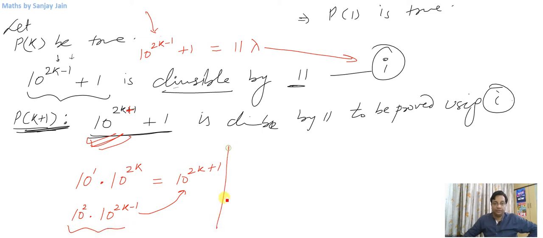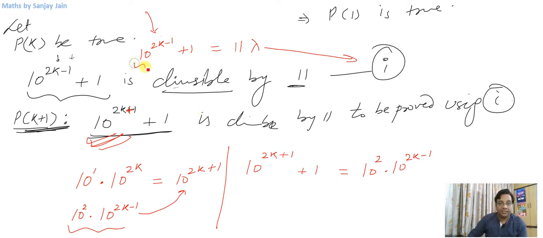So let me do that. 10 raised to power 2k plus 1 can be written as 10 raised to power 2 into 10 raised to power 2k minus 1. Now what I can do is I can replace this 10 raised to power 2k minus 1 with 11 lambda minus 1. So it will be 10 squared into 10 raised to power 2k minus 1, so I am replacing it with 11 lambda minus 1.